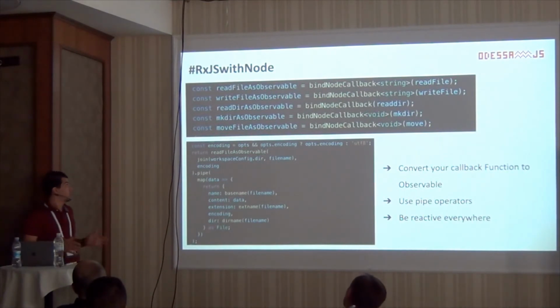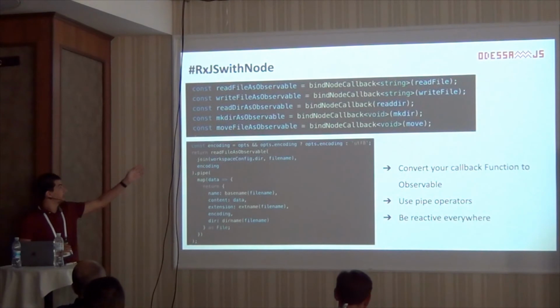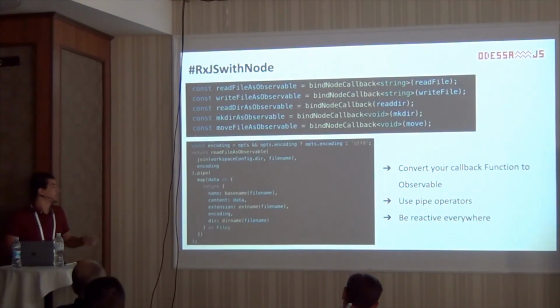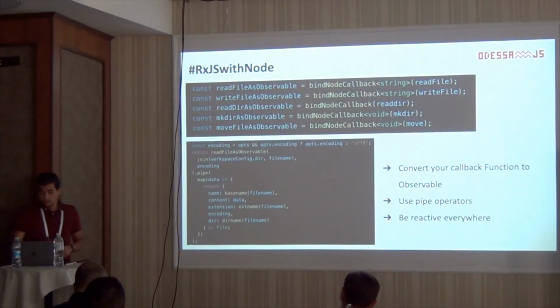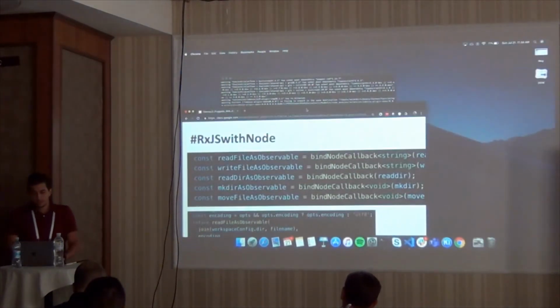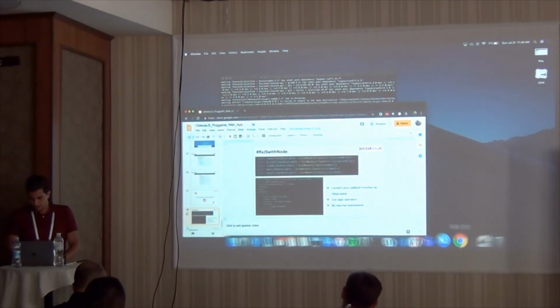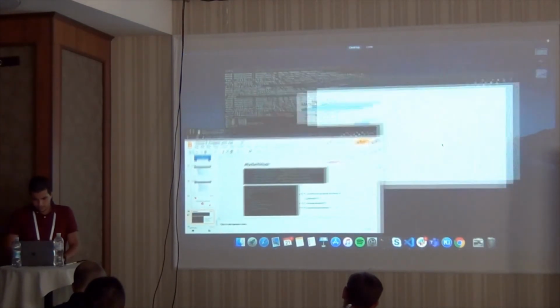To use RxJS in your Node.js application, you just have to convert your callback function using the bindNodeCallback operator, and you can enjoy using the pipe operator in your Node.js application, and your application is reactive.